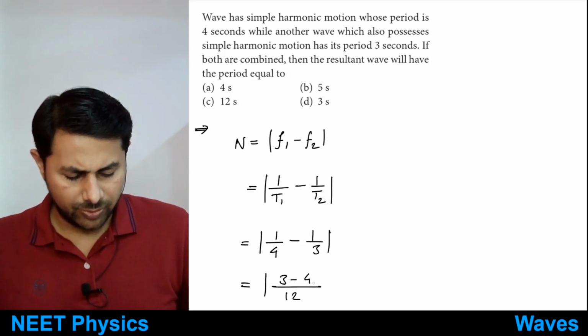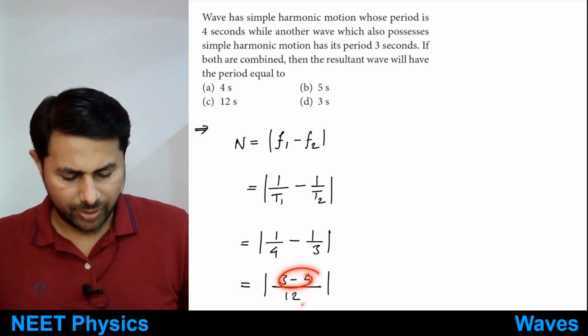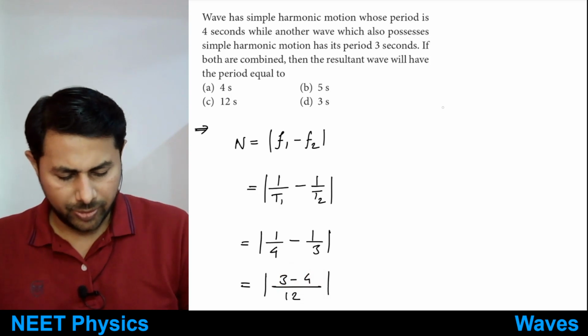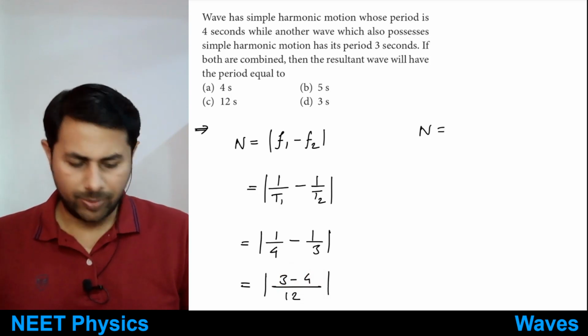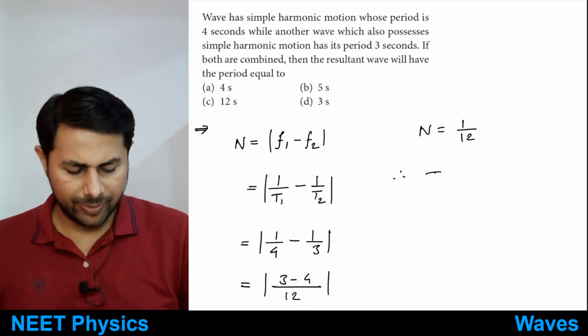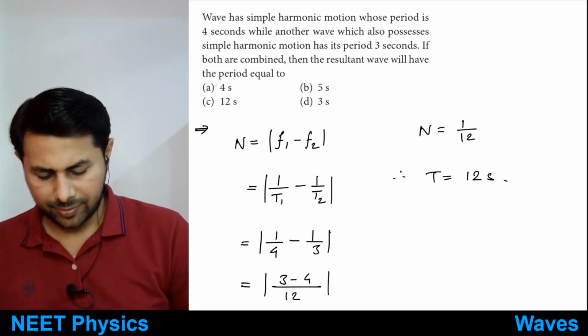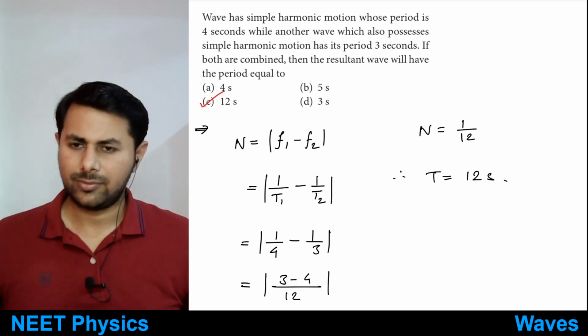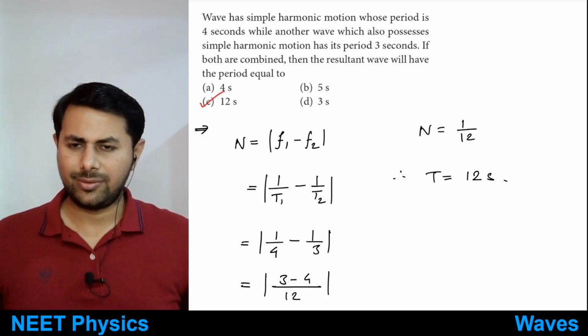So this is 3 minus 4, that's minus 1 by 12. Or if you take it outside of absolute value, it will be 1 by 12. So this is the frequency of beats. And therefore, what would be the time period? The time period would be equal to 12 seconds. So that's correct. It is option C. Right? This is simple.